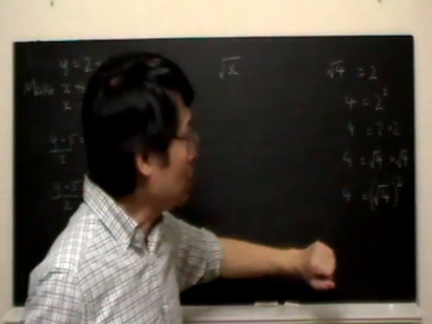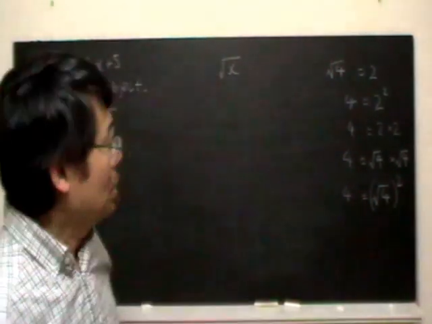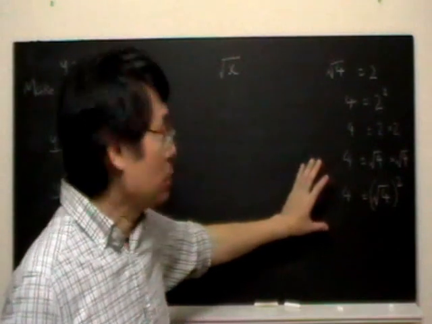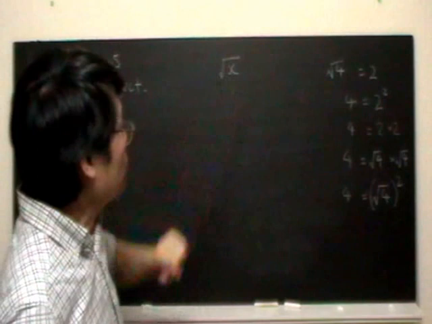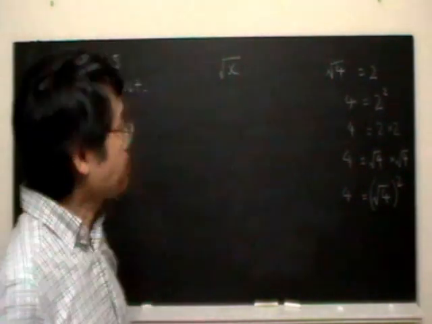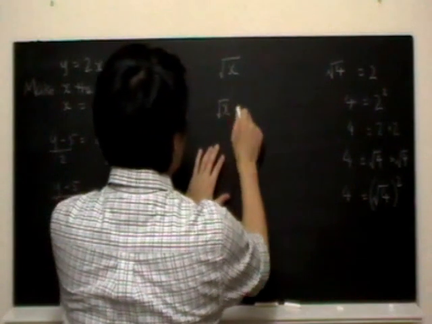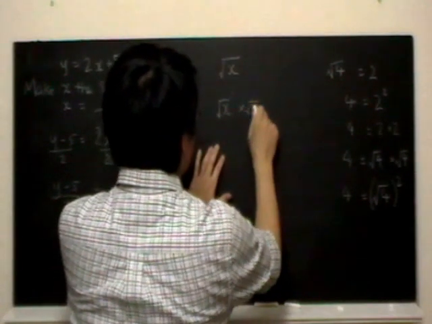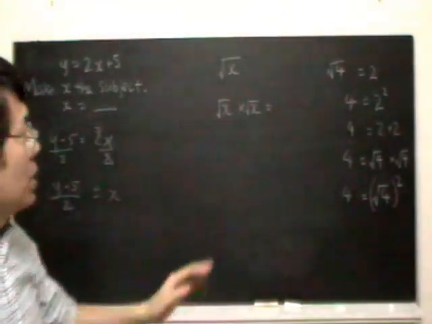Now this may seem a bit redundant and useless even, but it becomes quite useful when we do algebra. Look at the square root of x there. Multiply square root of x by itself.